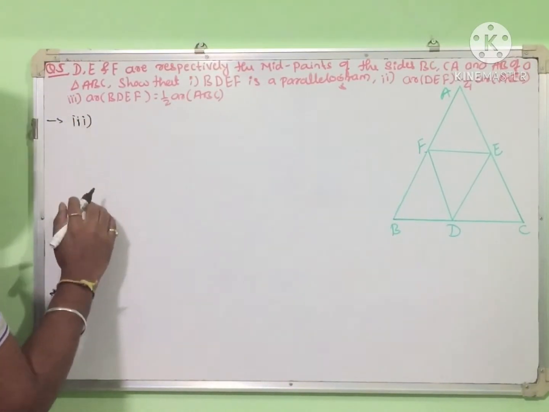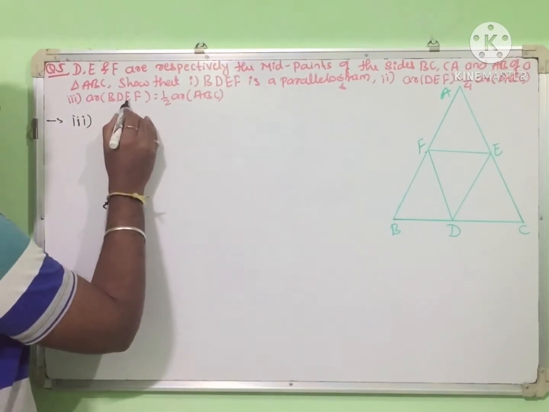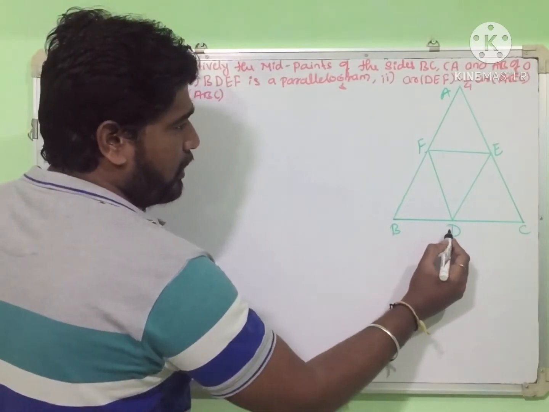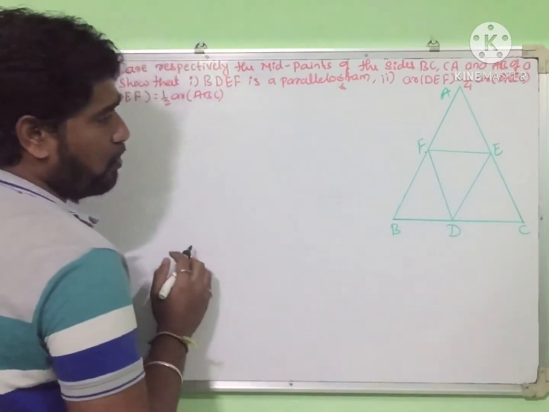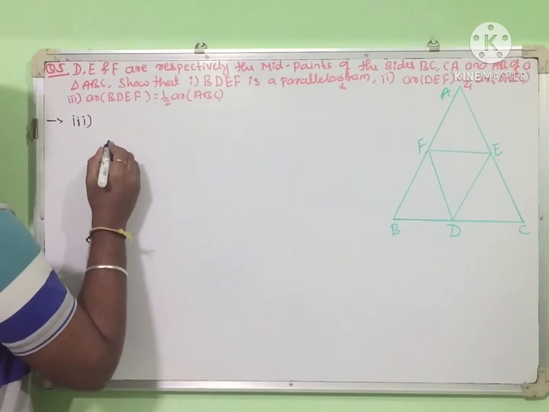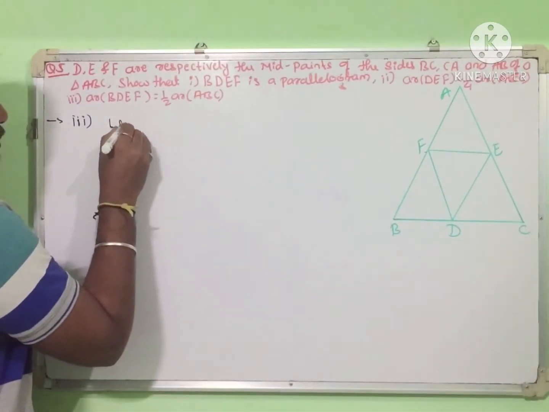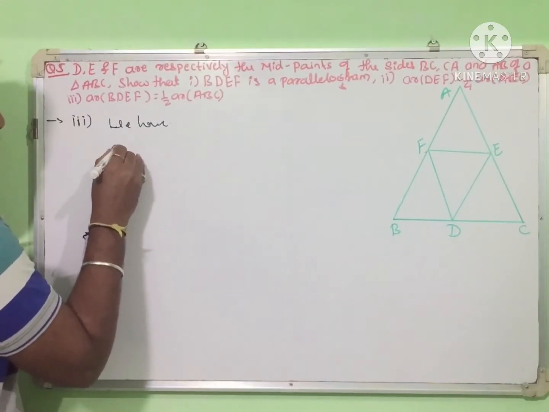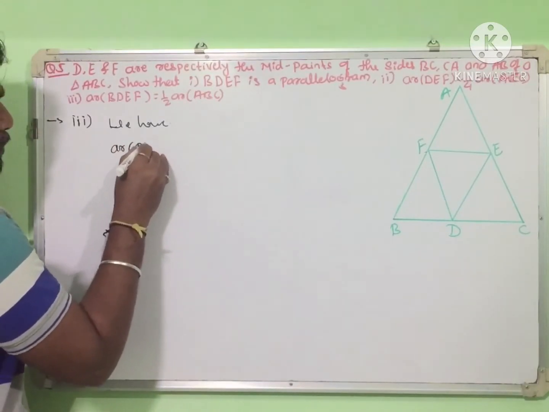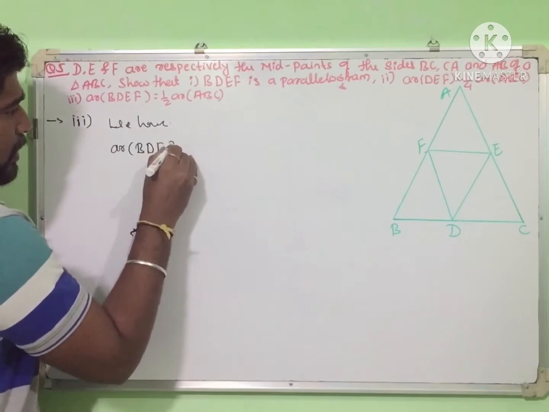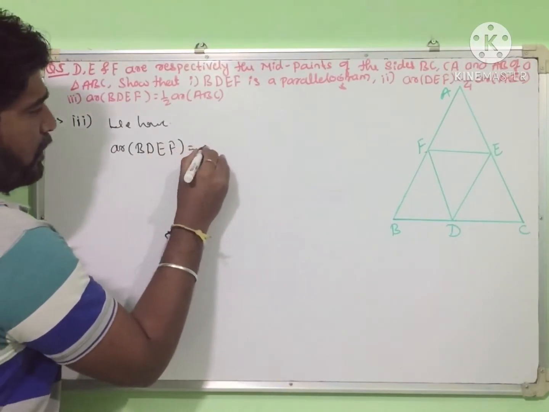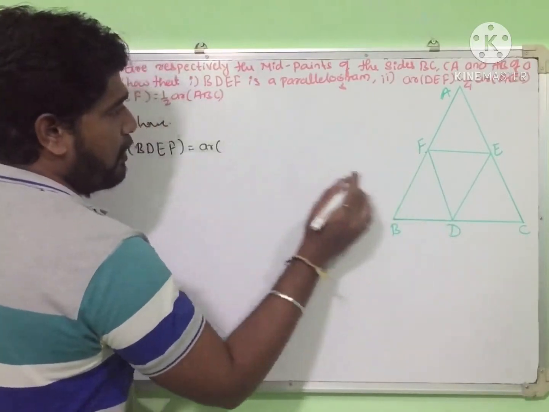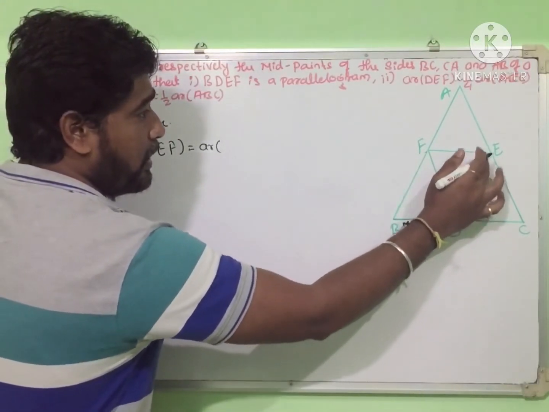Third one, we want to prove here area of BDEF is equal to half of area of ABC. So we have the area of BDEF is equal to the area of triangle BDF plus DEF.